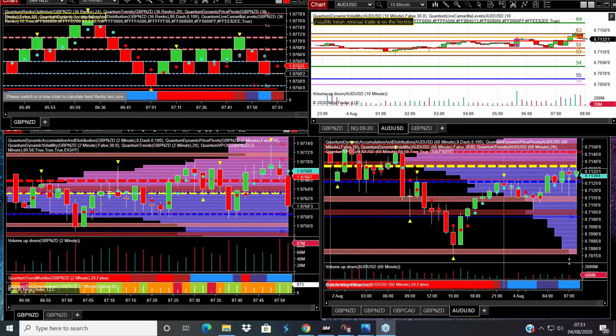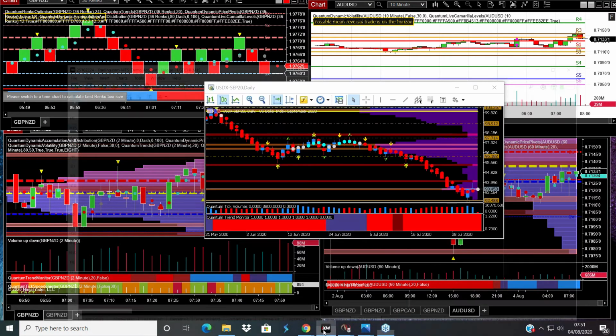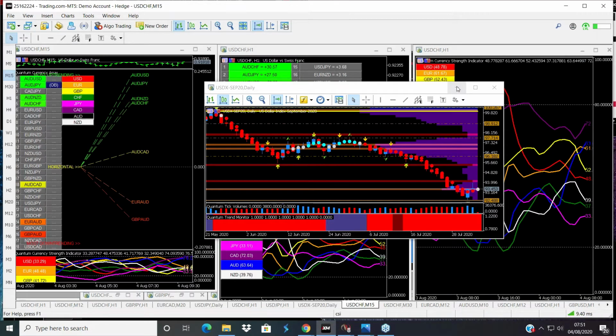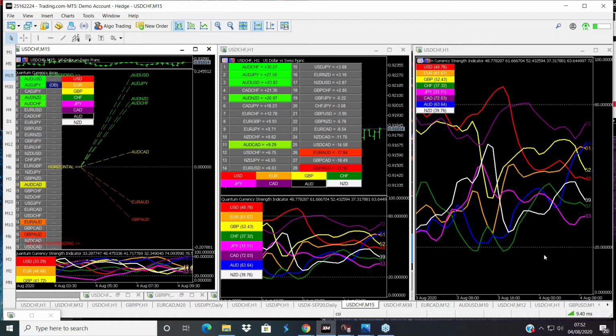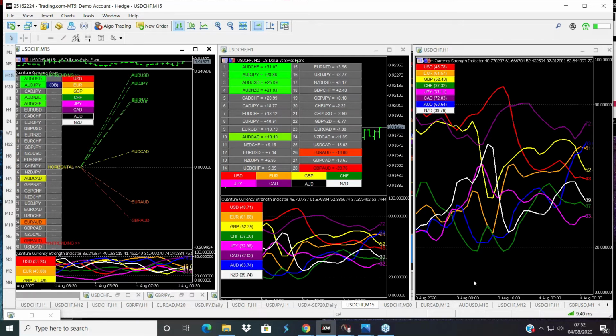Obviously, we've got the charts. I've got Ninja 8, but I've also got MT5, which I have here, and the reason I have MT5 is purely because it gives me more choice with time frames, as you can see down the left hand side. MT4 is a great platform, and this is based on MT4 anyway, but you are restricted to the time frames that are available on the platform.